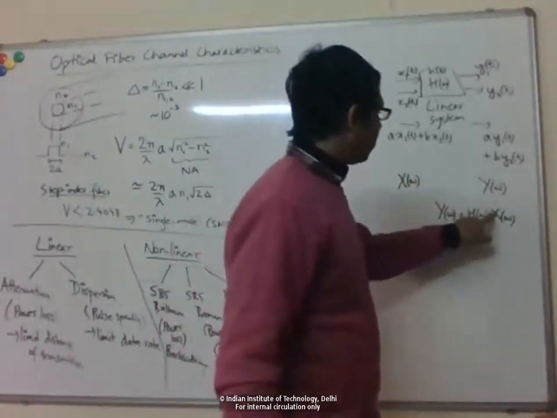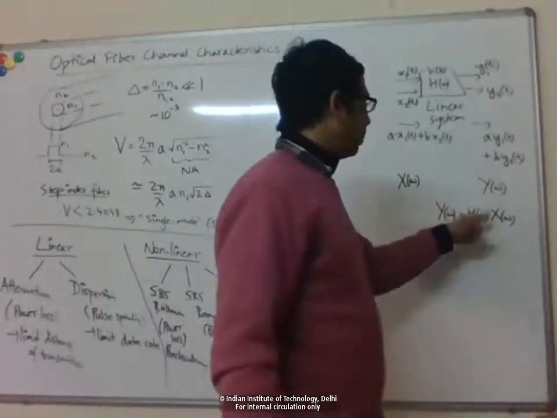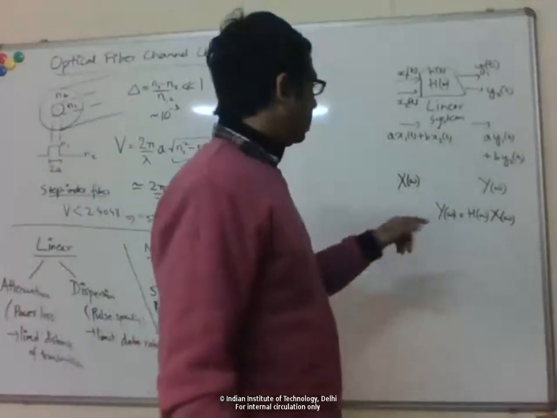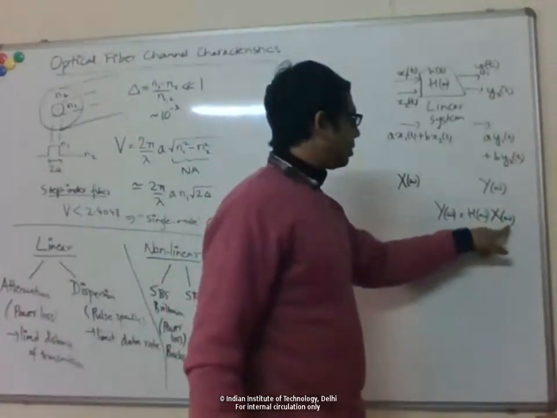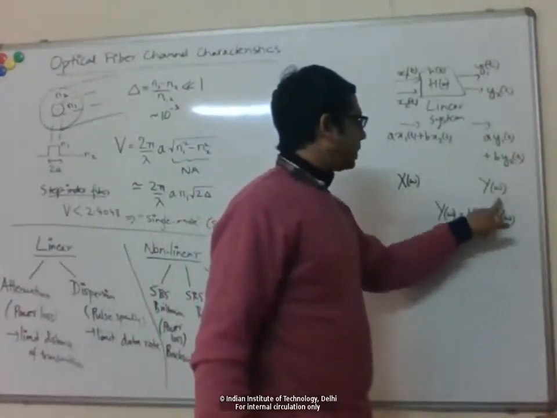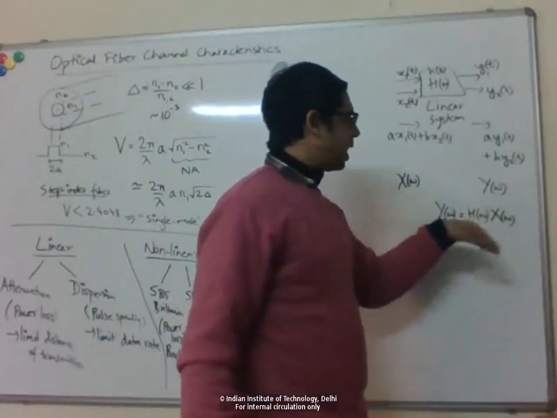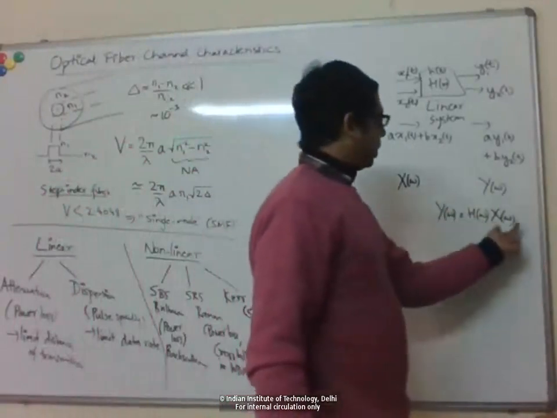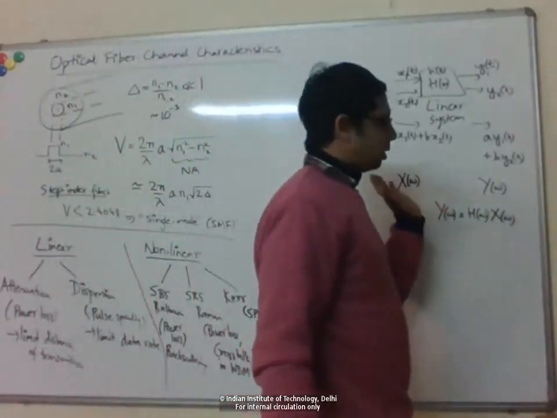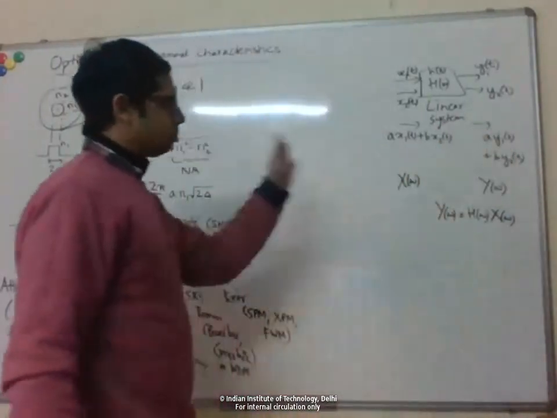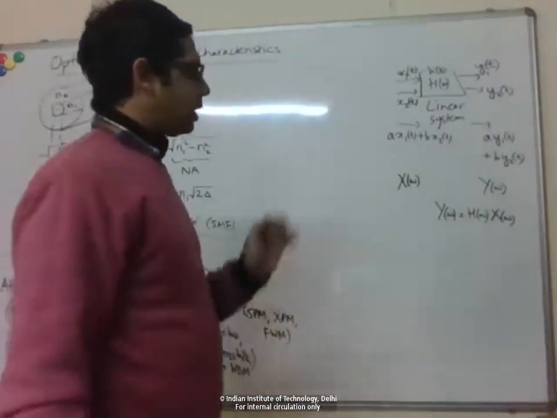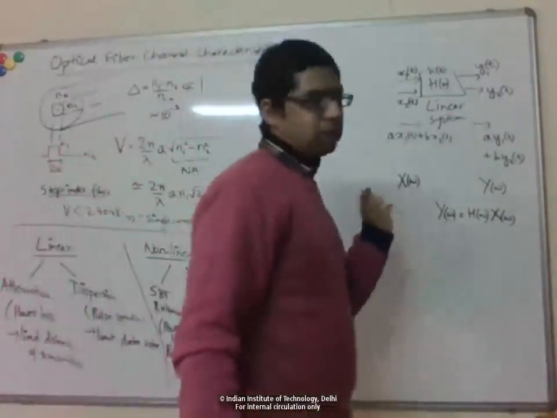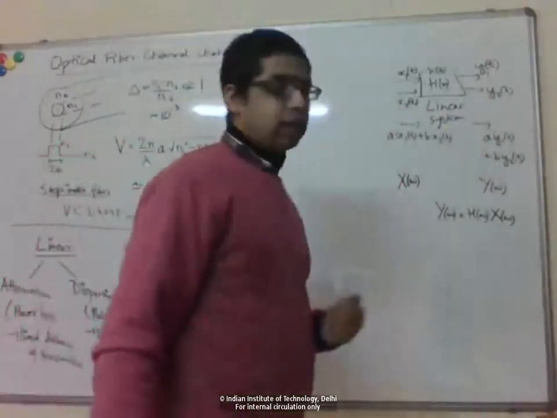This is just a multiplication factor, which could be frequency dependent. It will just scale the values present at the different frequencies, but it can't introduce any new frequency component. For example, if the input signal only exists up to some frequency omega naught and is zero beyond that, then the output will also be zero beyond omega naught. There cannot be any new frequency.